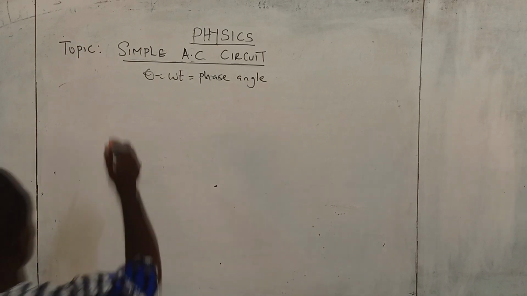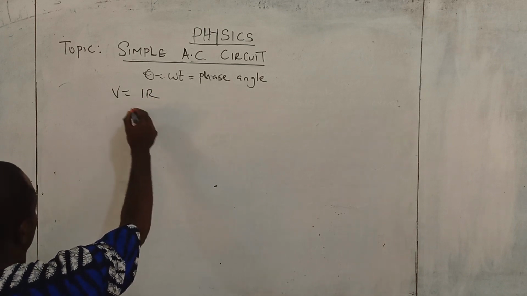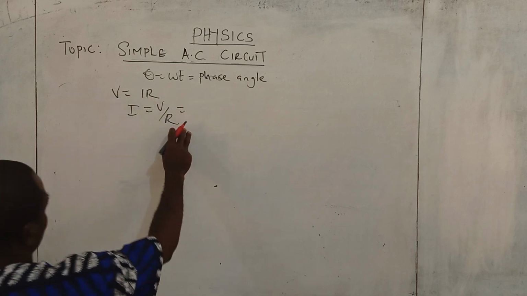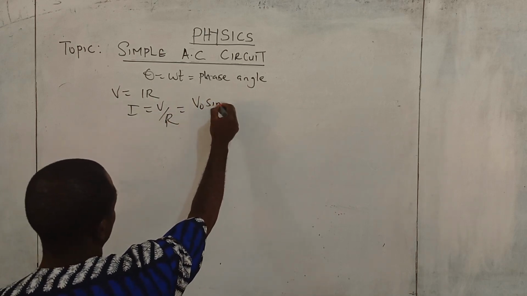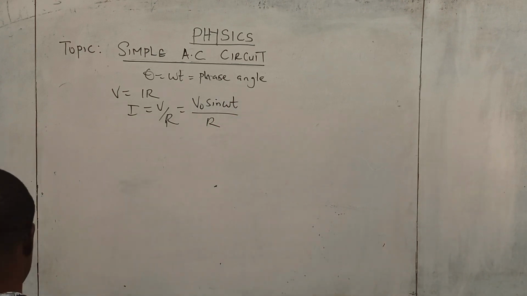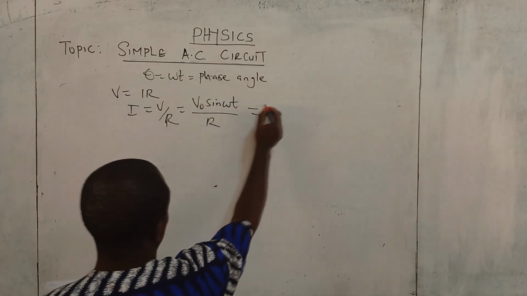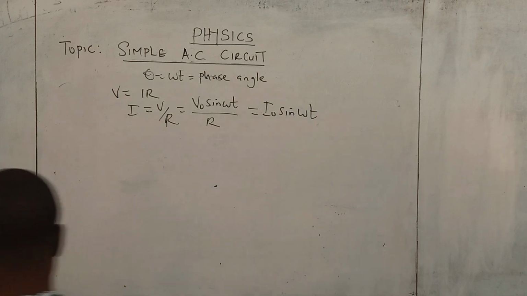Since you know that in Ohm's law you have V equals IR, now your I equals V over R. What's our V? The alternating voltage, which is V naught sine omega t, over R. From there, V naught over R is I naught, so I equals I naught sine omega t.